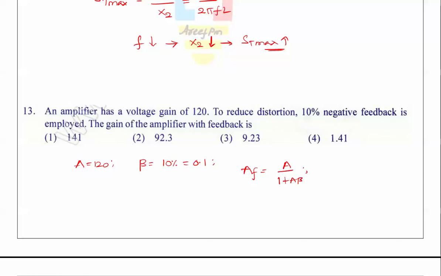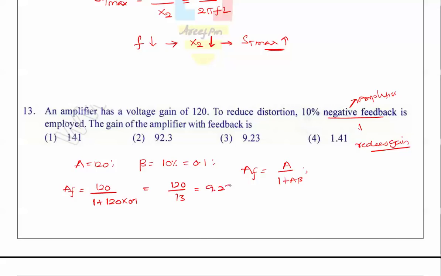Remember friends, negative feedback is used in amplifiers. The drawback is that it reduces the gain, except that all the others are advantages. By substituting the values in the formula, 120 divided by 1 plus 120 into 0.1, it is 120 divided by 13, which is 9.23.